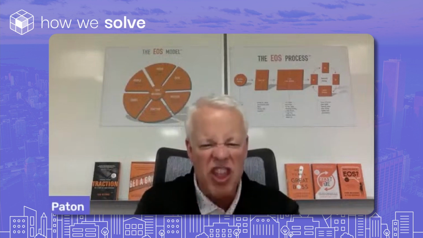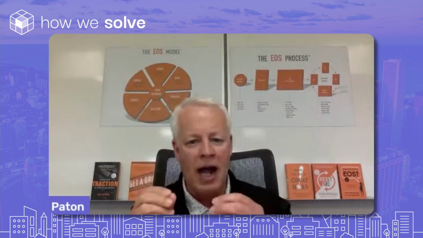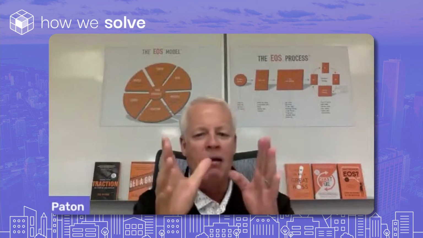What that means is we ask the leadership team to identify the three to seven most important goals for this quarter, every single quarter, to clearly articulate, write a SMART rock defining exactly what done looks like 90 days from now, assign a single person to own each of those rocks on the leadership team, and leave the meeting crystal clear on the company's and each member of the team's three to seven priorities for the quarter.